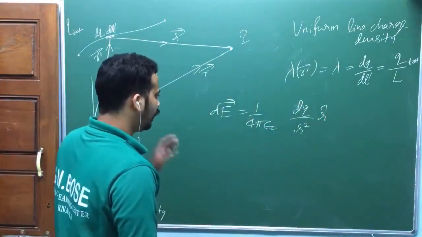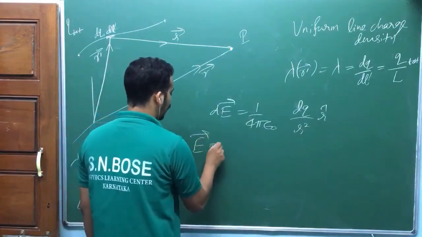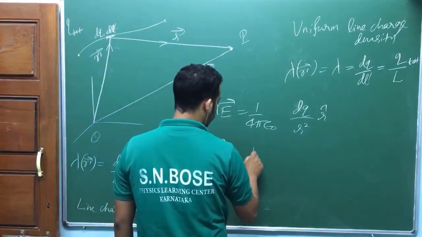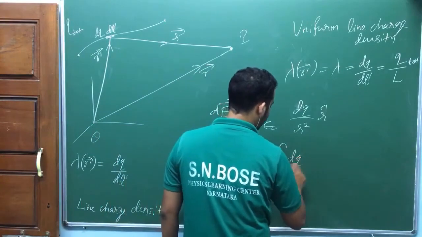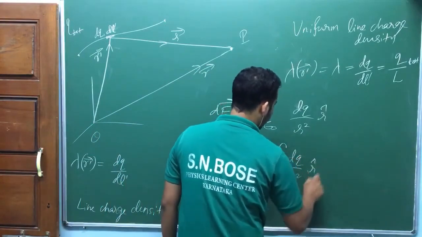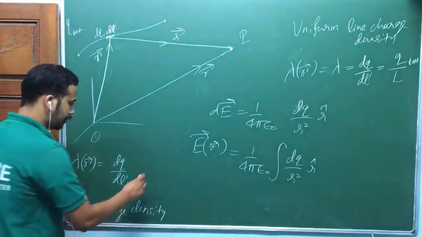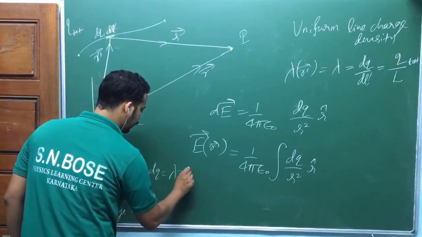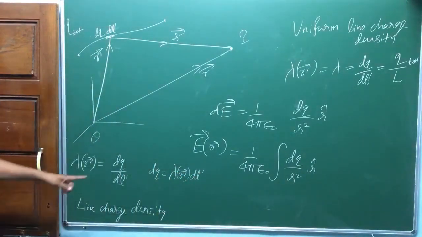Now look at here. Again, you are going to integrate later to find the electric field at r vector, at this position. You are going to integrate that: 1 by 4 pi epsilon naught integral of dq divided by r square into r cap. Now look at here. You can write this dq from this equation. dq is equal to lambda of r prime vector into dl prime in the most general case.